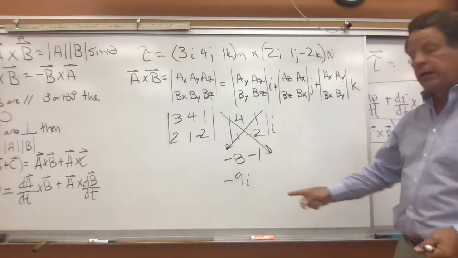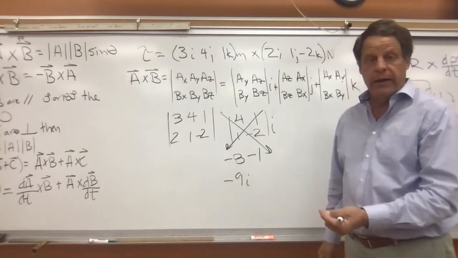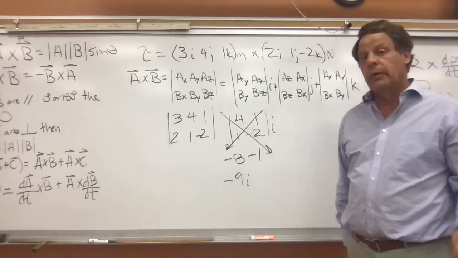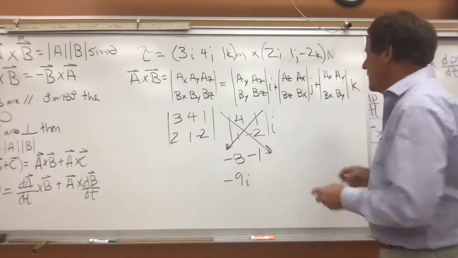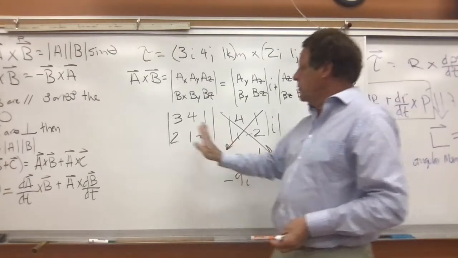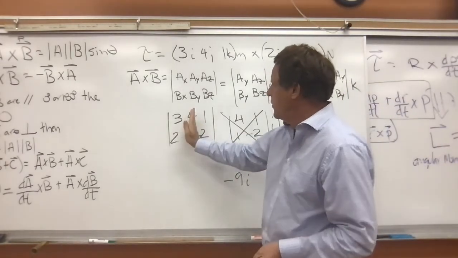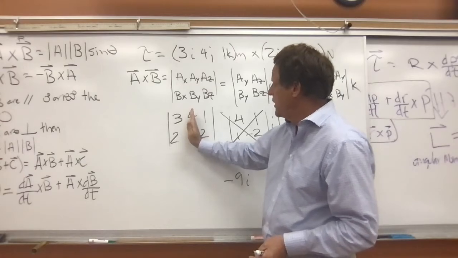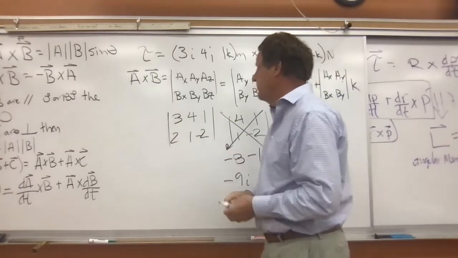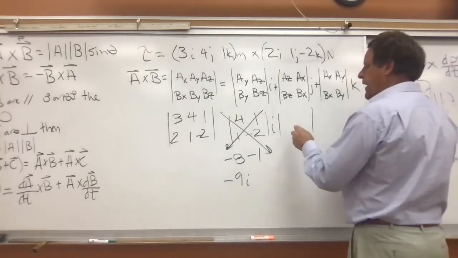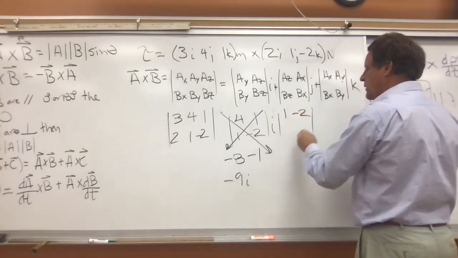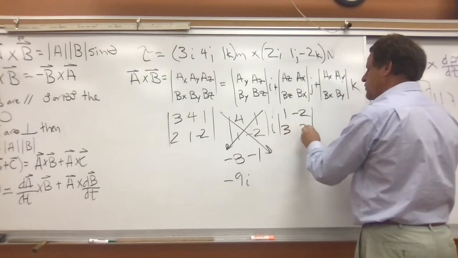So the first part in the i direction, or think about it in the x direction, our magnitude is going to be 9, and it's going to be going in the negative i direction. Now we're going to do the same thing here, but now we're covering up the 4 and 1, the j column, and we start with z, and then we cross it with x. So we're going to have 1, negative 2, and 3, 2.